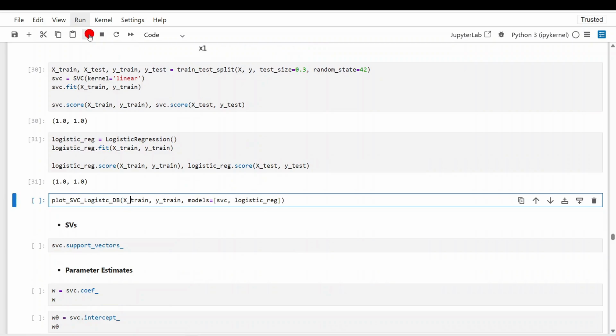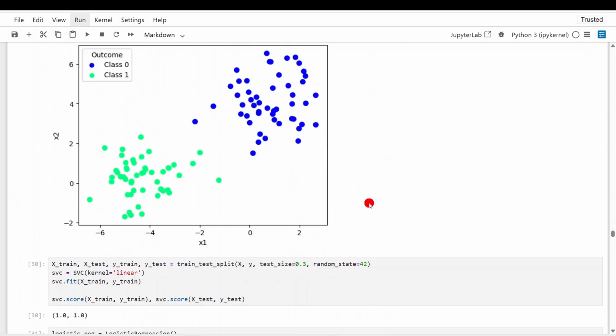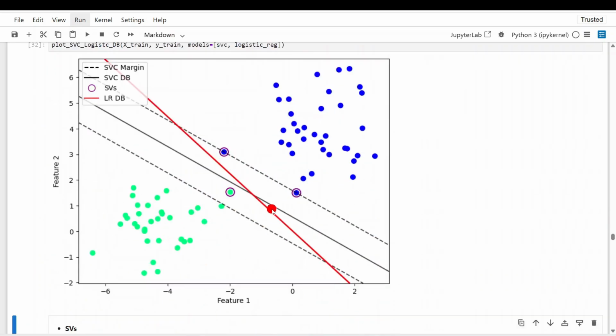So let's plot these new data sets. This is the data. So when we fit a logistic regression model, the logit model is represented by this red solid line, and the linear support vector classifier is represented by this solid black line.